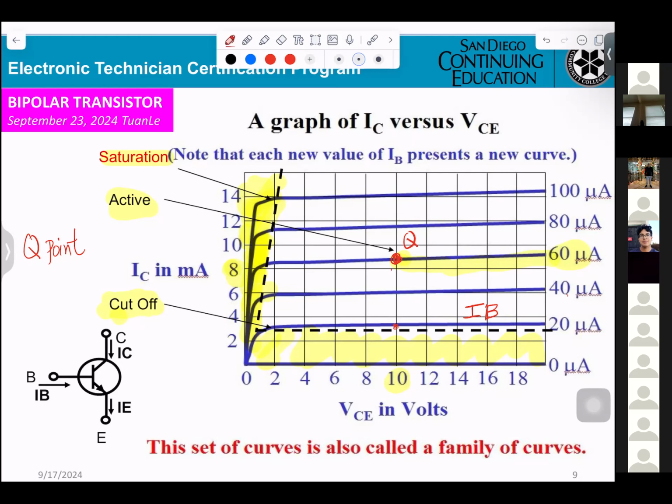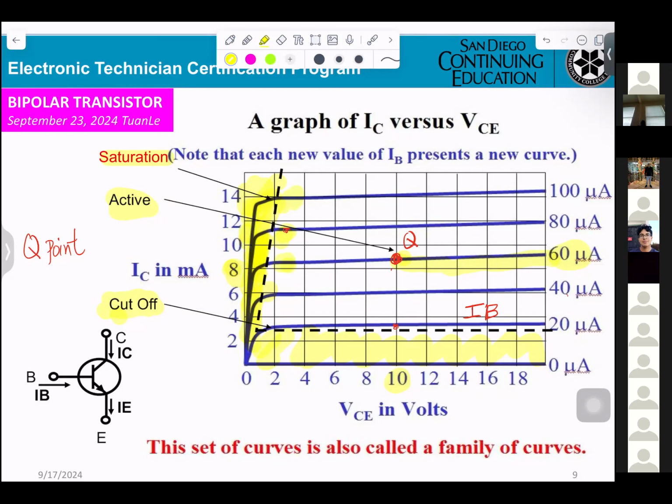Why don't they want to pick the Q point right here or here? You know why?